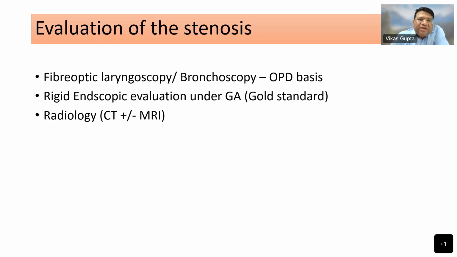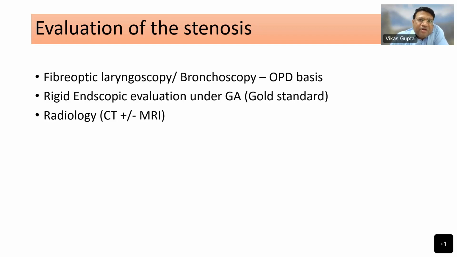But it is never a gold standard, because a CT scan or an MRI cannot tell you how the tissue inside the trachea or in the subglottis feels, whether it is a soft stenosis or a hard stenosis, whether it is a dilatable one or not.